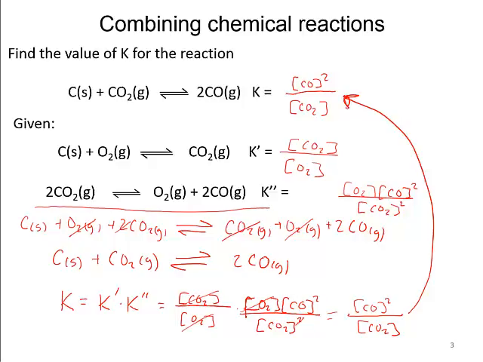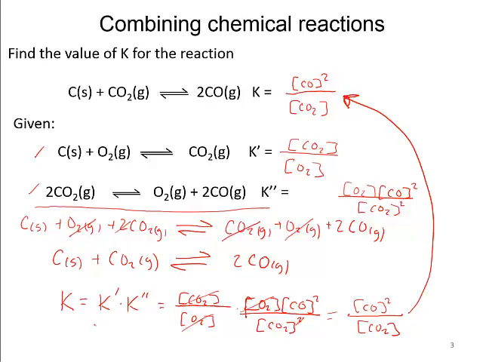So it's always the case that when you add chemical reactions, their K values don't add, but rather they multiply together to give the equilibrium constant for the summed reaction.